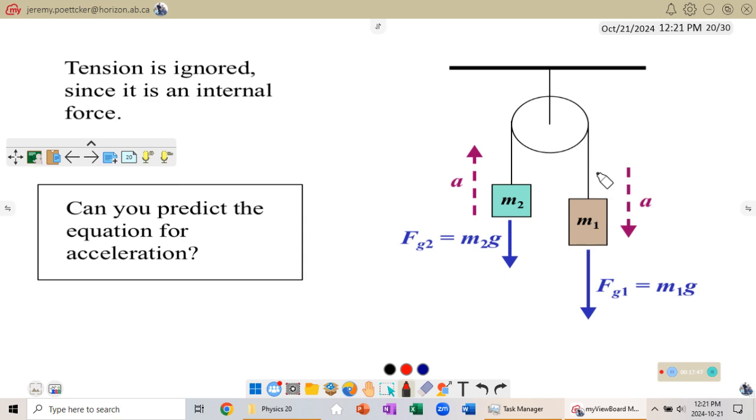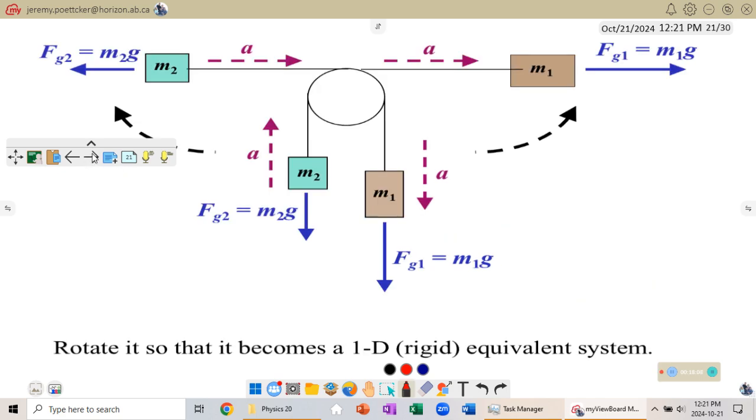So we're also not drawing whatever tension forces are holding M1 as one piece and M2 as a second separate piece. Right, so we have two forces. Could you predict the equation for acceleration? I'm sure if you looked ahead, you would see it here. But we're going to rotate it so it becomes a 1D equivalent system.